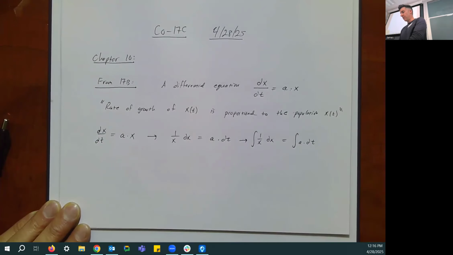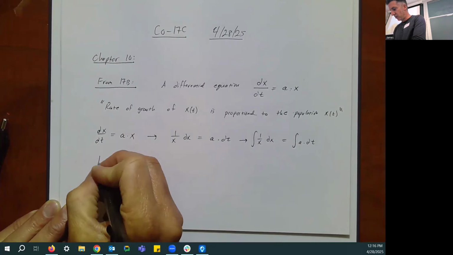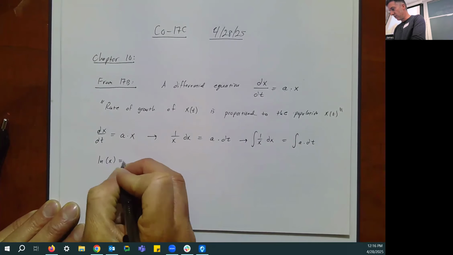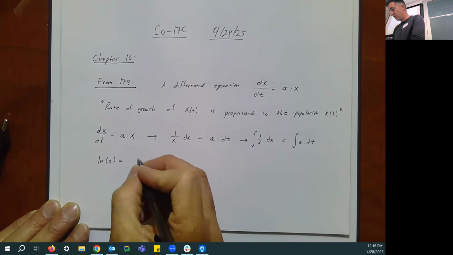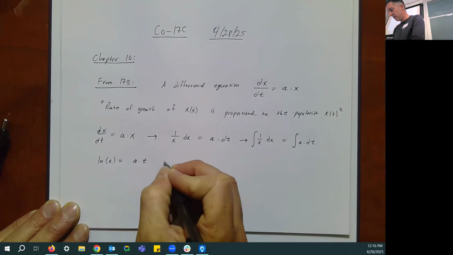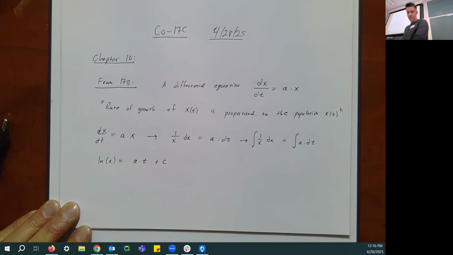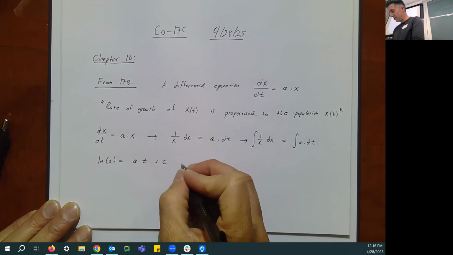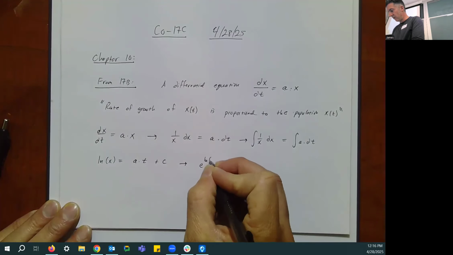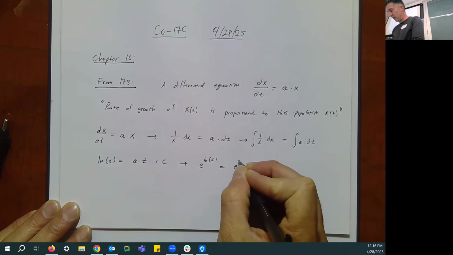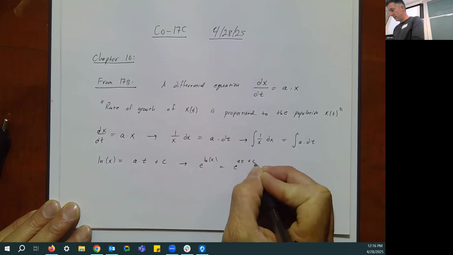When we integrate, I'm going to ignore the absolute value and just say that the natural log of x is equal to the integral of a, which is a times t, plus some other constant. And then if we exponentiate both sides, we get e to the natural log of x equal to e to the at plus c.